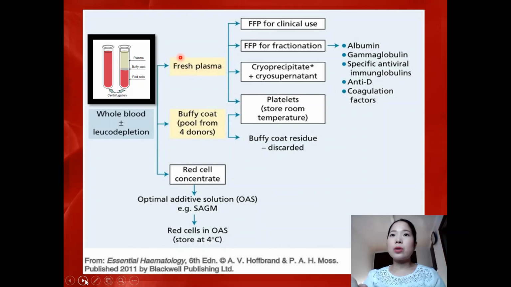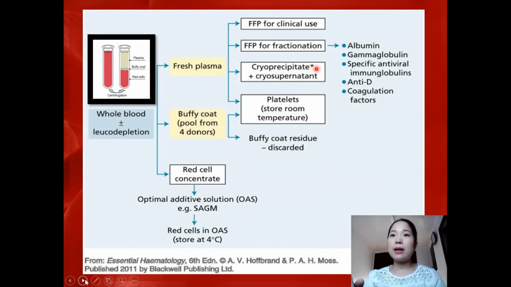The fresh frozen plasma may have a lot of clinical use, whether you have a bleeding patient from disseminated intravascular coagulation, and it can also be used for fractionation of other medications such as albumin, gamma globulin, and other specific antiviral immunoglobulins, the anti-D, and of course coagulation factors.